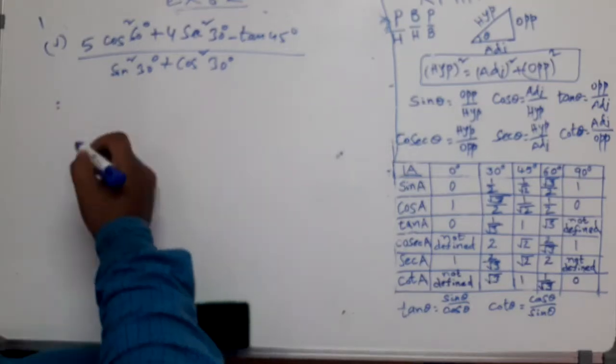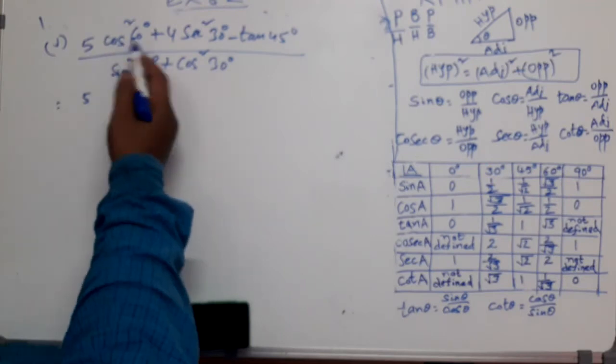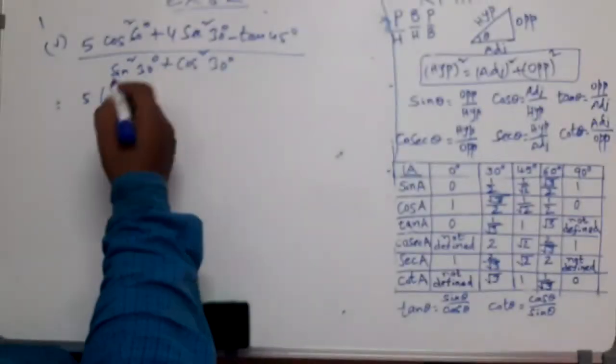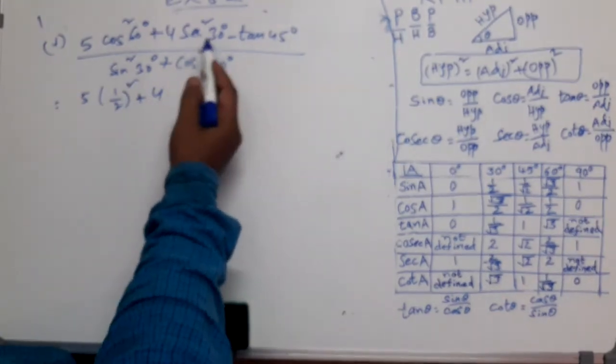Yes, let us substitute the corresponding values and simplify. This is 5 multiplied by cos square 60 degrees, which is (cos 60 degrees) whole square. What is cos 60 degrees from the table? Sin 30 degrees, that is 1 by 2, whole square, plus 4 multiplied by (secant 30 degrees) whole square, which is the reciprocal of cos 30.